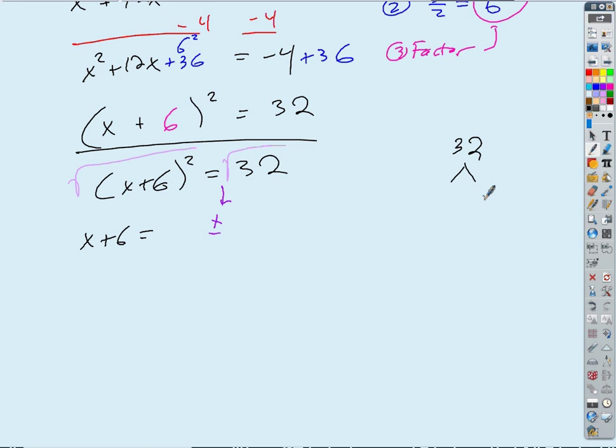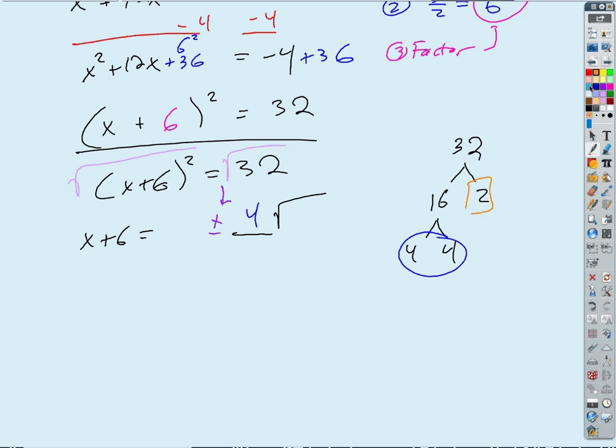Well, what's a big one that divides into 32? 16. 16 times 2, and why do I pick that? Because what does 16 break up into? 4 and 4, right? So I get a couple of 4s, single 2. So what goes out then? 4.